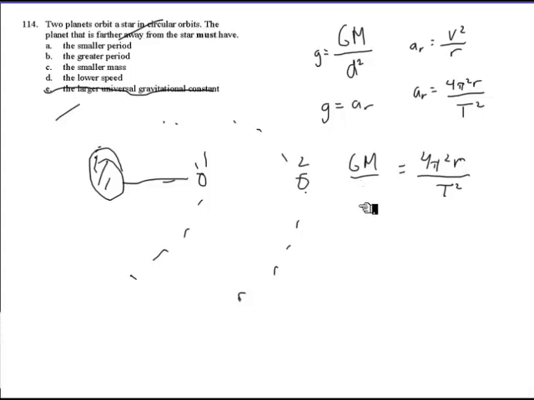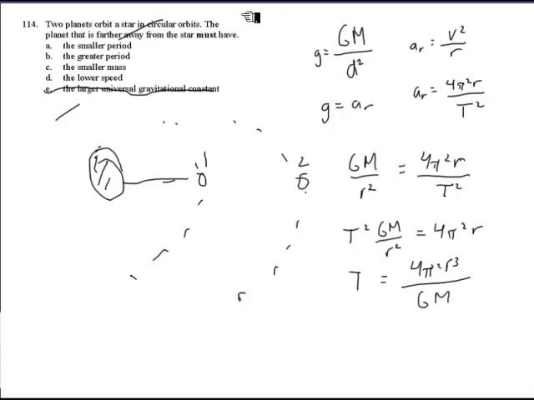We talked about that with an earlier problem. So what we want to do is set up an equation for period that depends only on radius. So that involves a little bit of algebra. Multiply T squared on both sides. Multiply r squared on both sides. And divide by GM. So I'm skipping some steps here, but I'm confident that if you take your time, you'll arrive at the same thing. And then square root it.